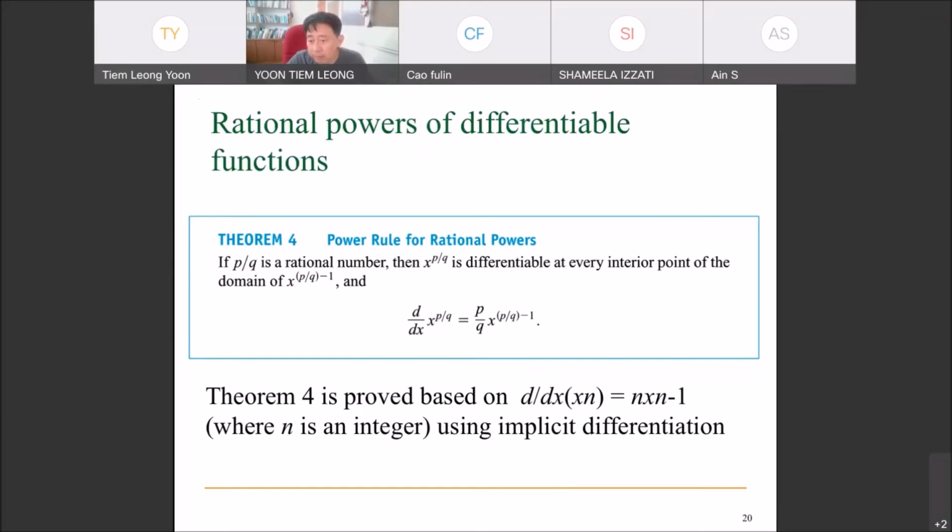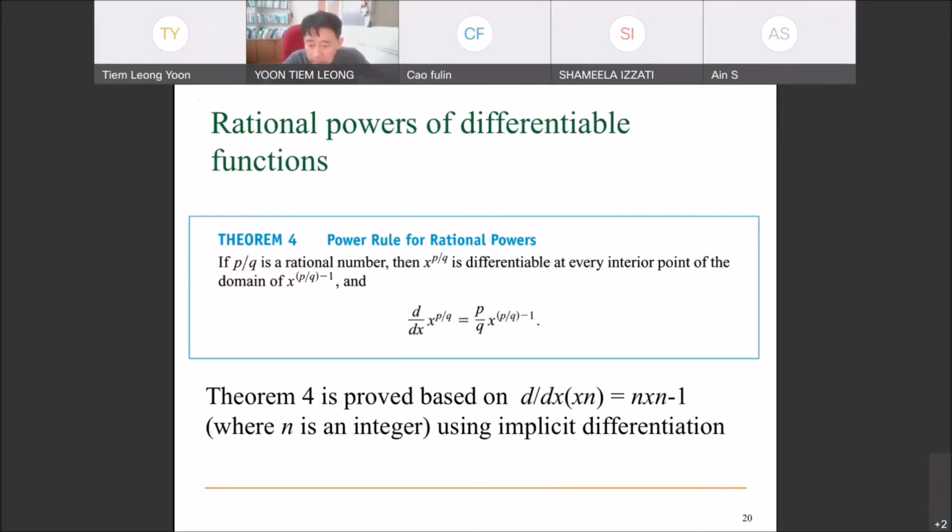When it's a rational number, it means p and q are made up of integers. For p and q to be integers, the derivative of x raised to the power of p over q is just equal to p over q times x raised to the power p over q minus 1.